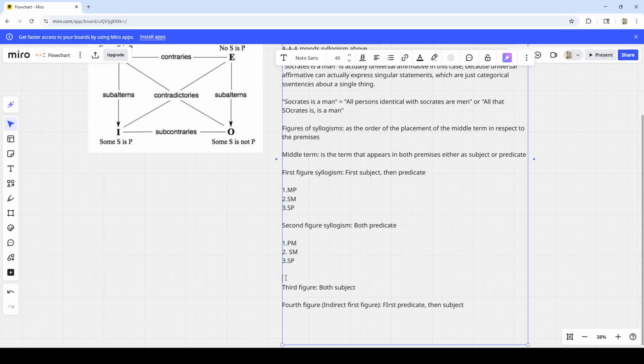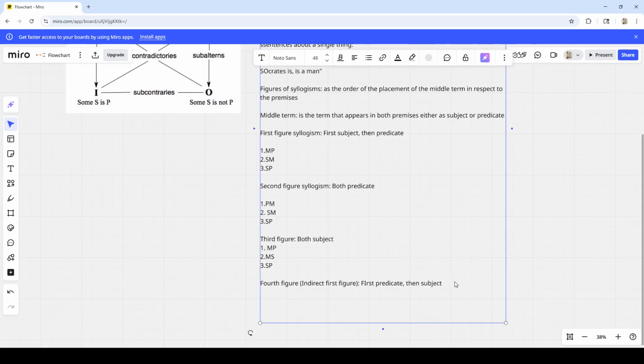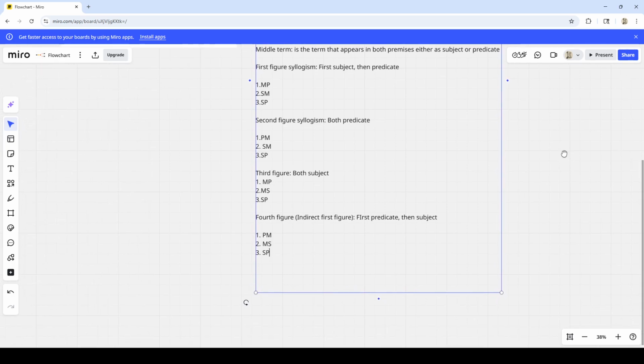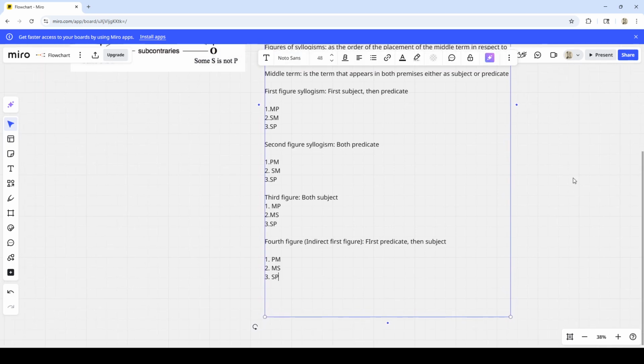That would be an example of a second figure. And then the third figure is simple: MP, MS, both subject, and then SP. The fourth figure is literally the same as the first, but flipped. So PM, MS, and therefore SP. So that would be the figures of a syllogism, right?